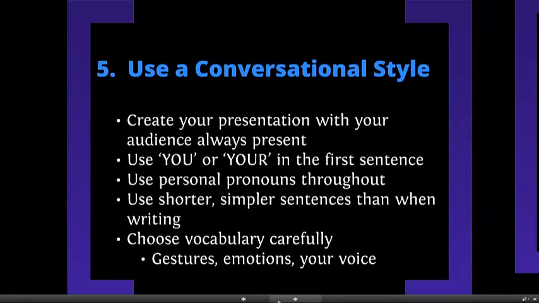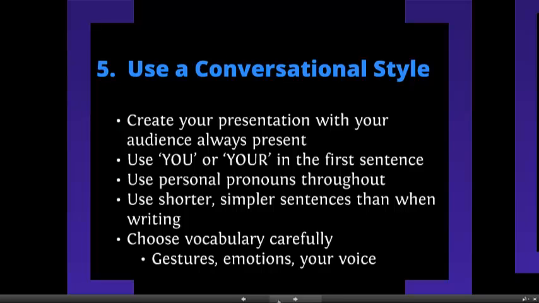All right, the fifth point is use a conversational style. The best presenters do this the best of anybody. They're able to captivate their audience and bring them into their presentation. And they have that feeling of, they're talking to me, or I can relate to that, and they connect one-on-one.